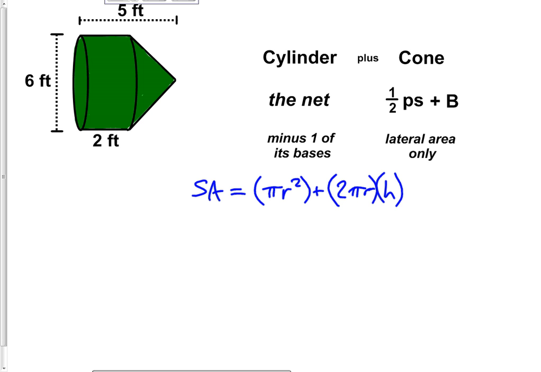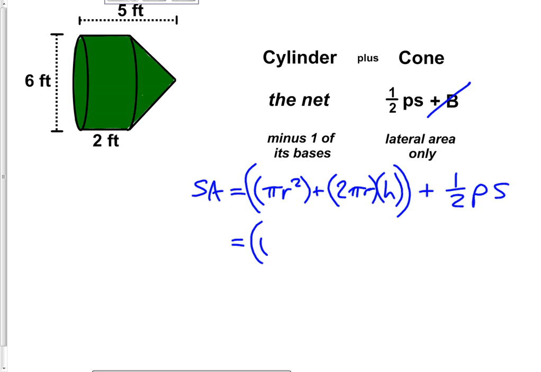Okay, so there is your cylinder. We've got one base and the rectangle wrapped around it. Look back at your notes on finding surface area of a cylinder if you're having trouble following that formula. And then out of the cone formula, we do not need the base since it's being blocked by the cylinder. So 1/2 PS.